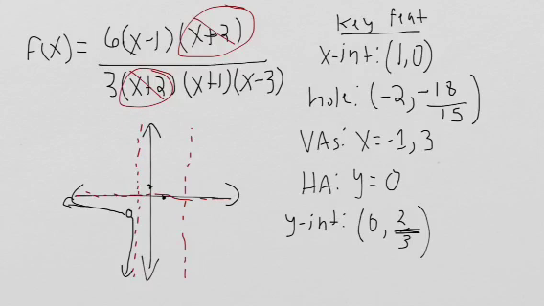The other thing that points our attention to that is the fact that we have to go through this 0. We have to go through the y-intercept. There's no way that we can go through the 0 and go through the y-intercept and not go to positive infinity. If we were to go to negative infinity, we would have to cross the x-axis again, which doesn't happen. We only cross it once. So that tells us that this part must look something like this.